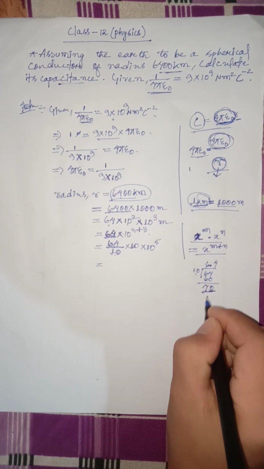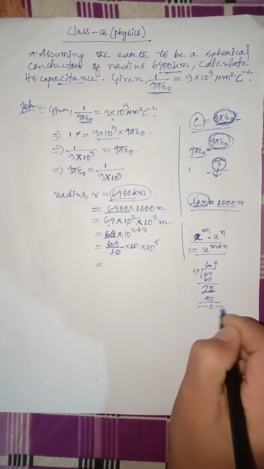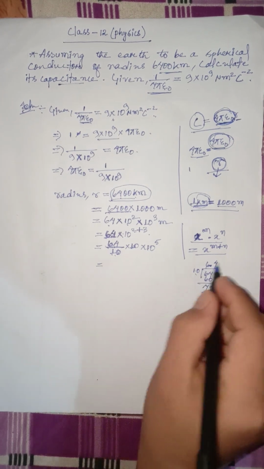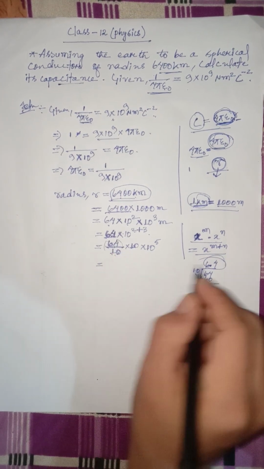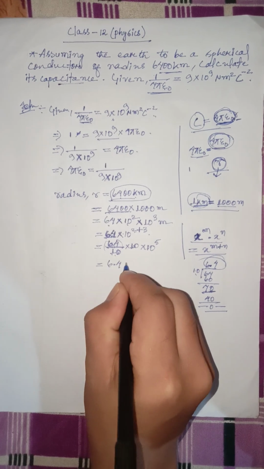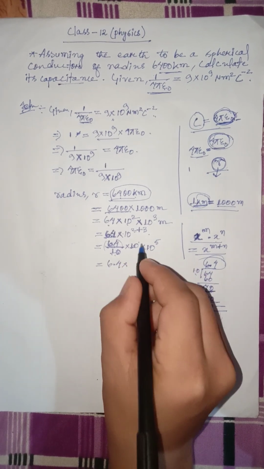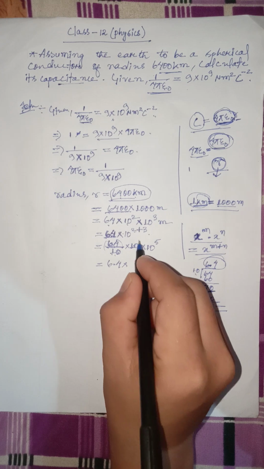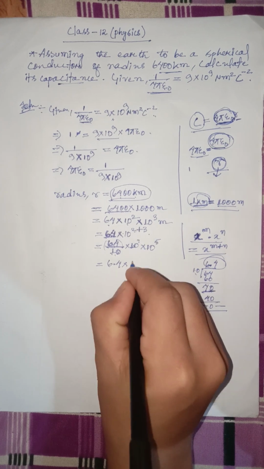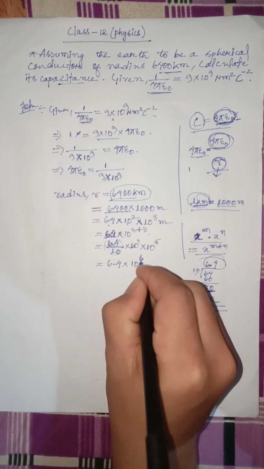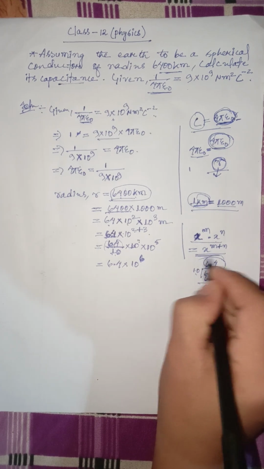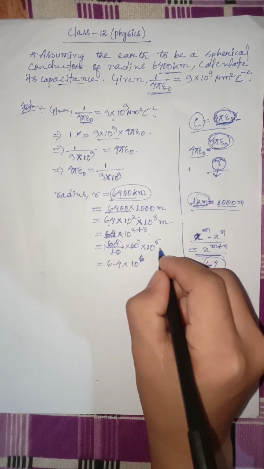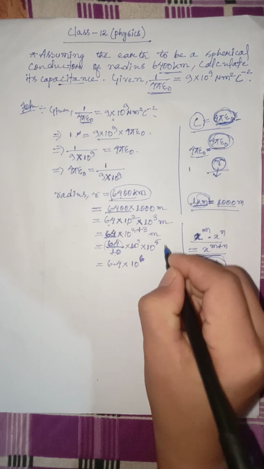Then 10 times 4 will give you 40, right? So this will be the answer for this division. It is 6.4. And here, if there is no power, simply it means that it is 1. If you add 1 and 5, how much will you get? It will be 6, by using these identities, right? And what is the SI unit that we got? It is meter.